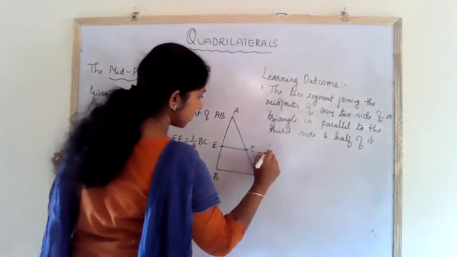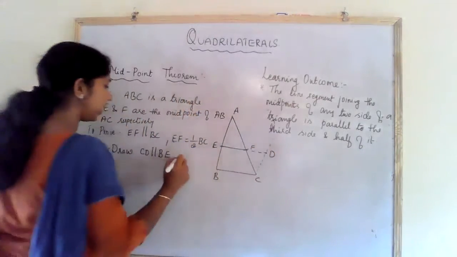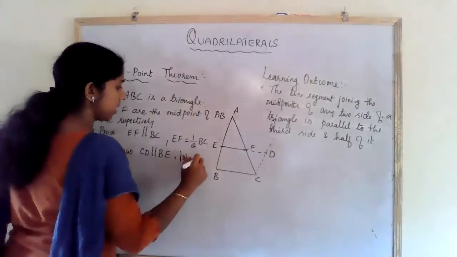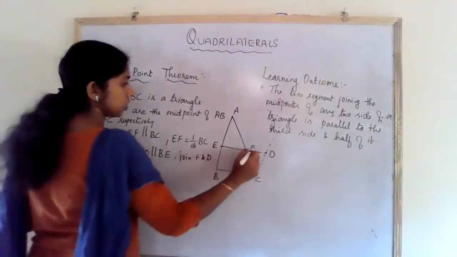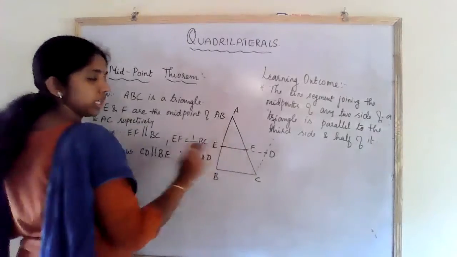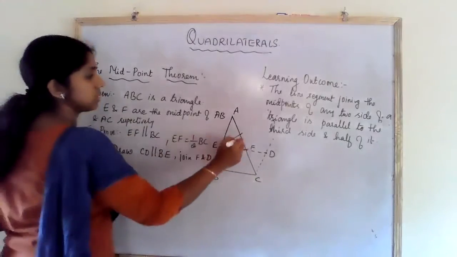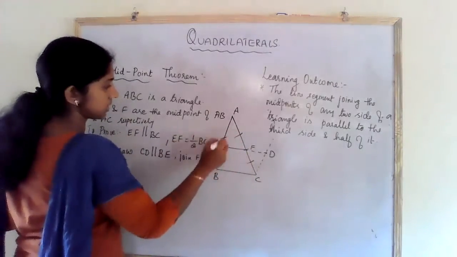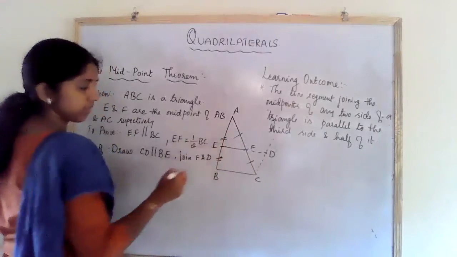Join E, F and D, and next join F and D. Now we obtain three triangles. Now this side is equal to this side.